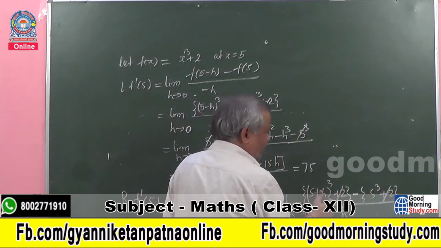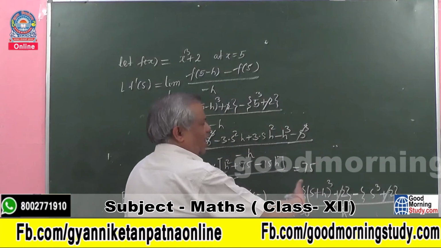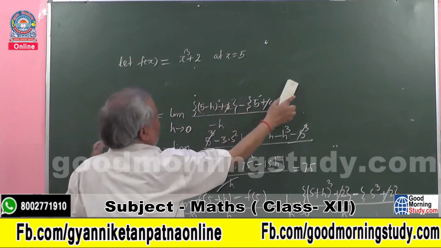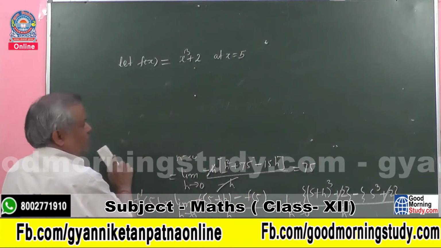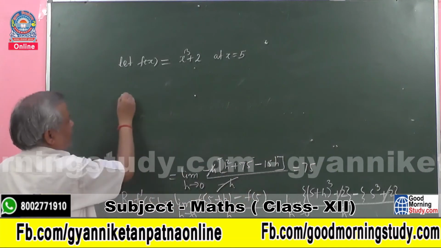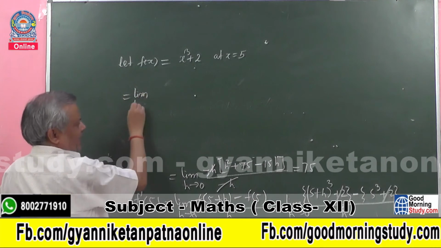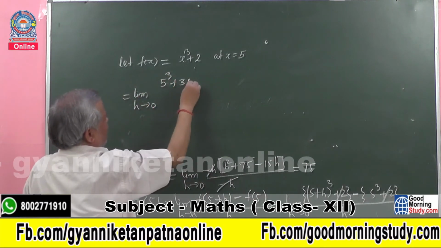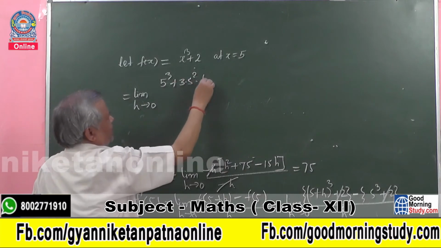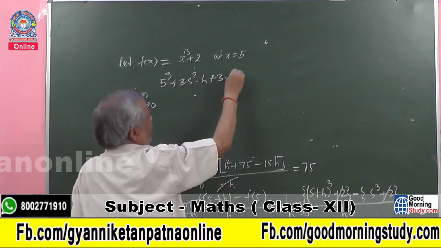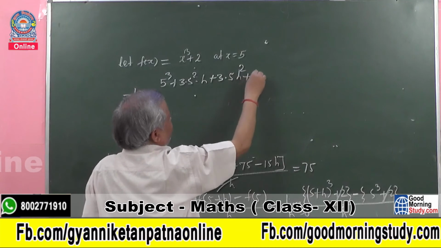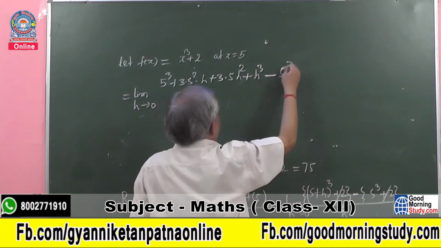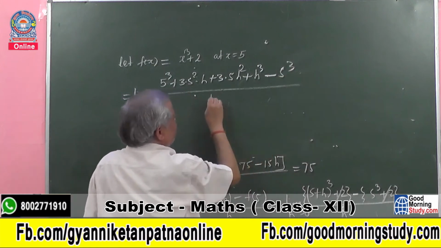Again, we can use either a cube minus b cube formula, or we expand it. What we feel convenient, we do that. Both the formulas are known to us. That is, limit h tends to 0, a cube plus 3 a square b plus 3 a b square plus b cube, and finally minus 5 to the power 3 divided by h.